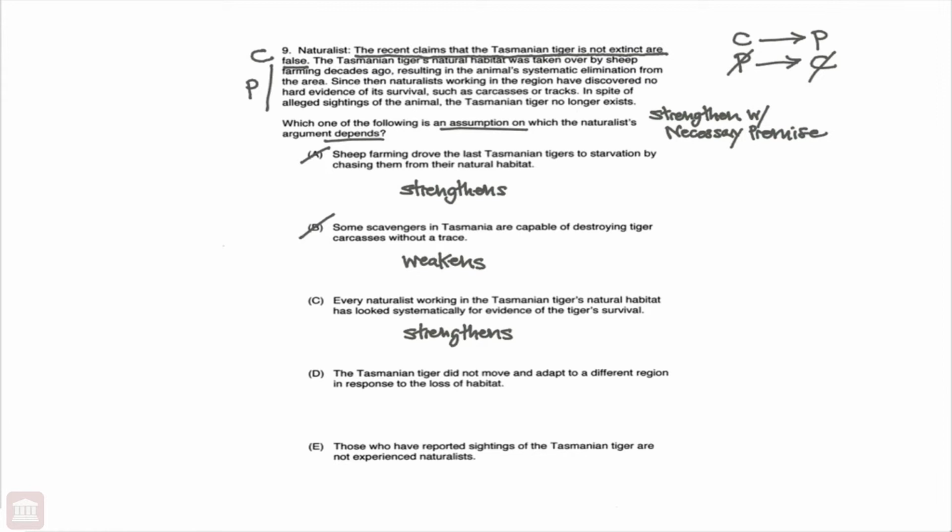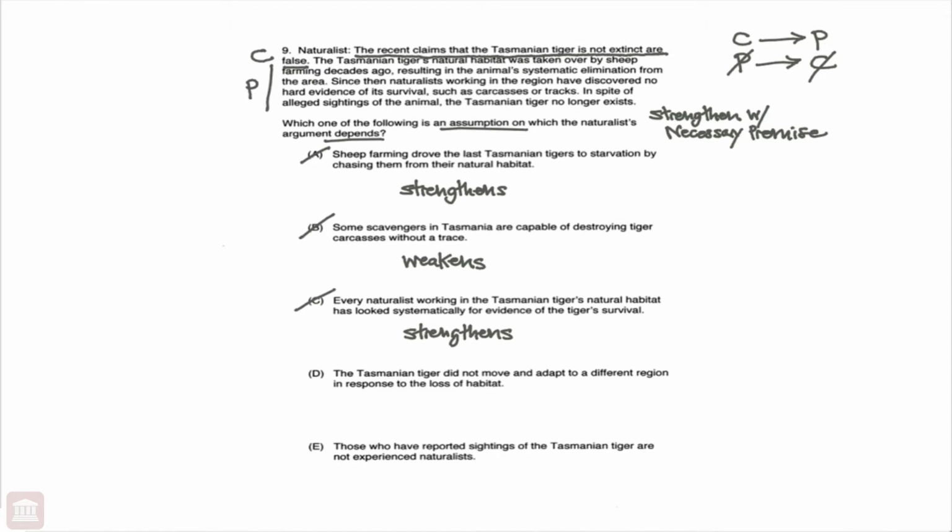Negated: not every naturalist working in the Tasmanian tiger's natural habitat has looked systematically for evidence of the tiger's survival. That does not destroy the conclusion, because not every means at least one naturalist did not, but what if 99% of them did? So not every does not destroy this argument.